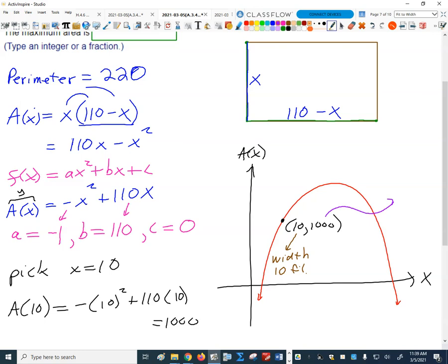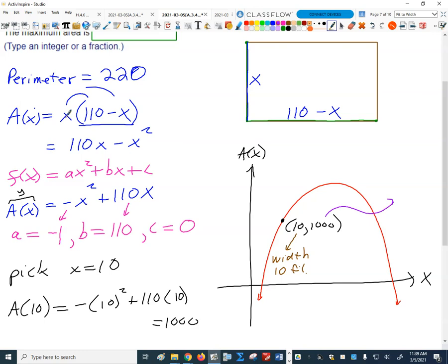If I make a garden with a width of 10, that's what the 10 stands for. What does the 1,000 stand for? That's the y coordinate, which is always the output, right? So what's the output of my function? My function is a of x, right? I plugged the 10 into the function a of x. What is a of x telling me?